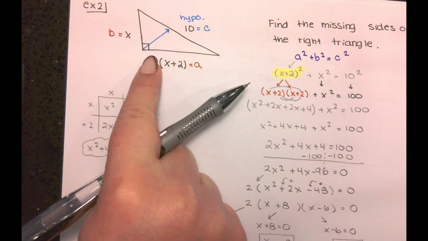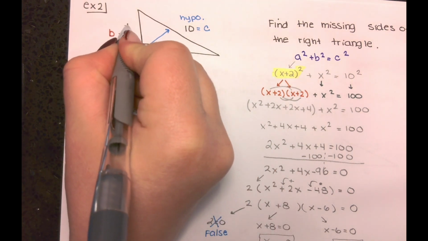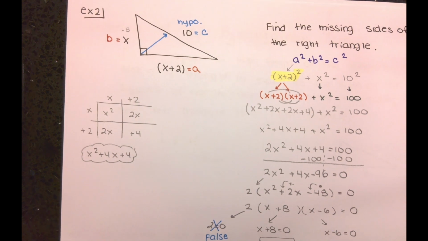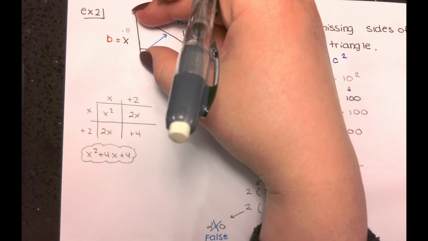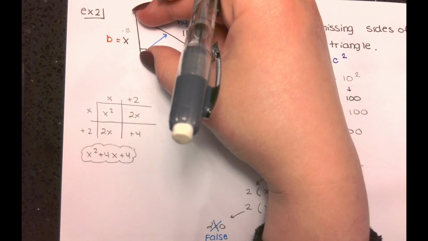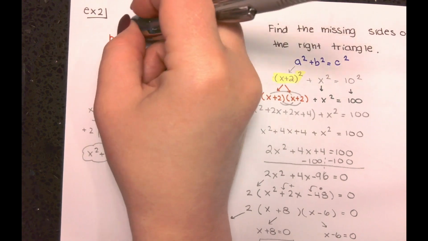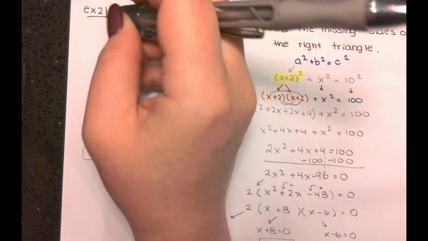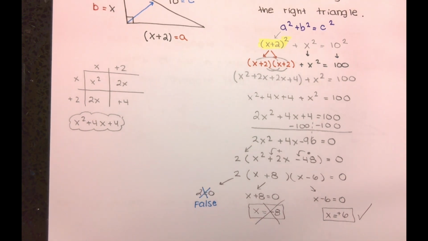What you cannot have is a negative measurement. So if I was to replace x with negative 8, like we have it, that means this side is a non-existent 8. Well, it either exists or you don't have a triangle. So this right here is called an extraneous solution, means it doesn't work. So we're going to exclude negative 8 and only have a positive 6 here.